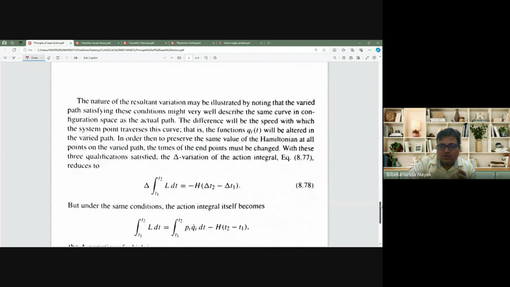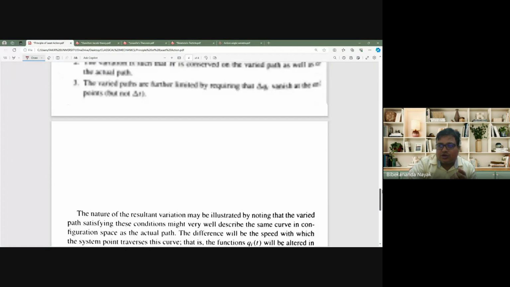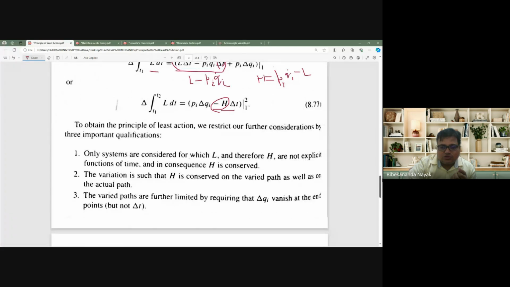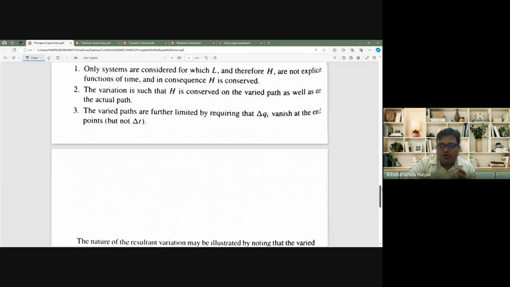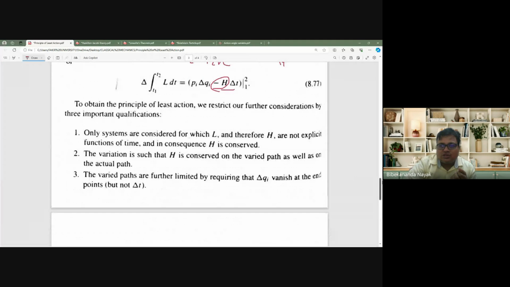Using this, we can write equation 8.77 reduces to delta L dt is equal to minus H delta T, because at the endpoints delta qi at 1 is equal to 0 and delta qi at 2 is 0.